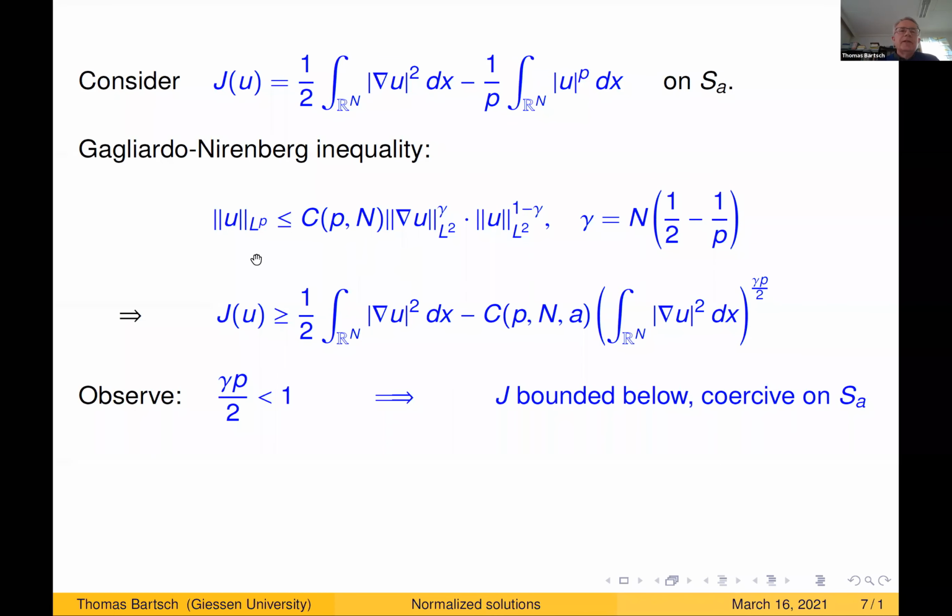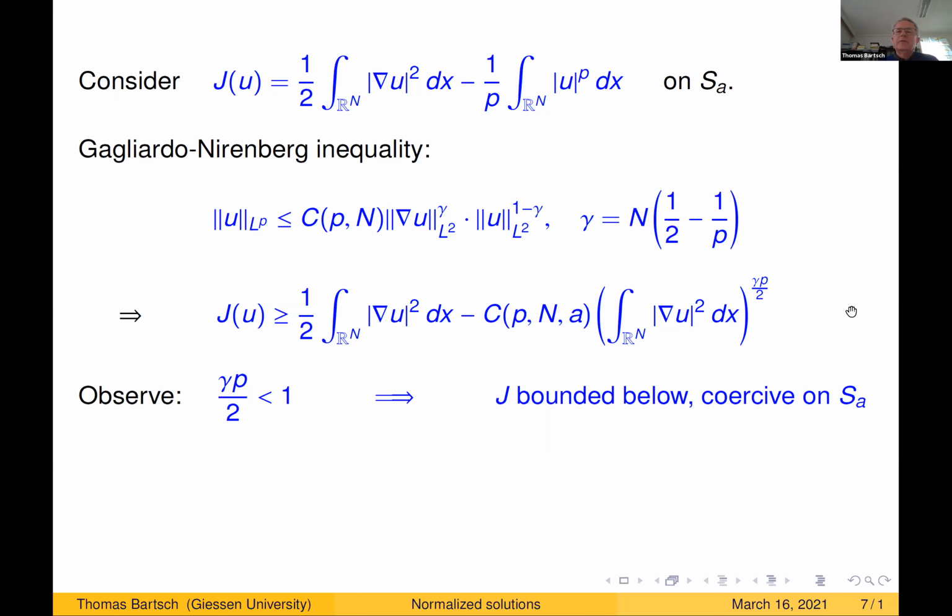So if you plug this inequality into this energy functional, you see that the energy functional is bounded below by the integral of |∇u|² minus a constant times the integral of |∇u|² to the power γp over 2. If you are interested in whether the energy is bounded below on the sphere, this is of course the case if this exponent is less than 1.